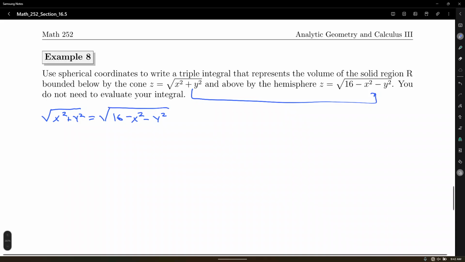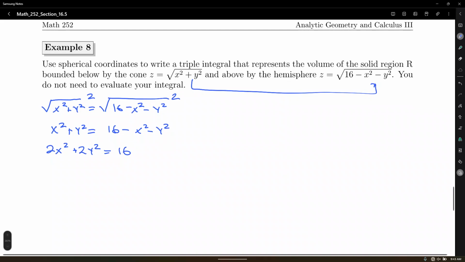Let's square both sides to get rid of the radicals. That is, x squared plus y squared equals 16 minus x squared minus y squared. Move all variable terms to the left, keep the constant terms on the right: 2x squared plus 2y squared equals 16.